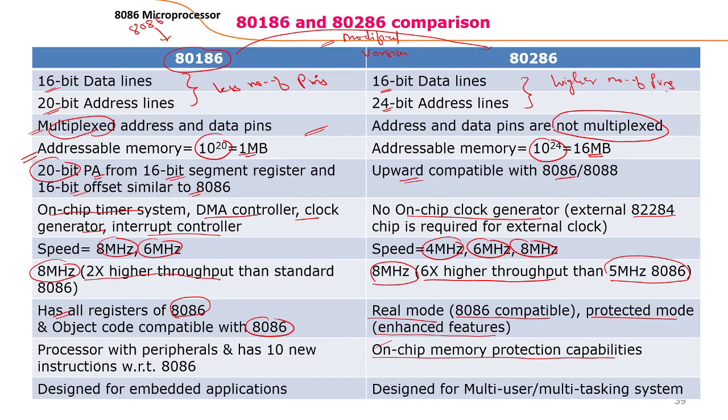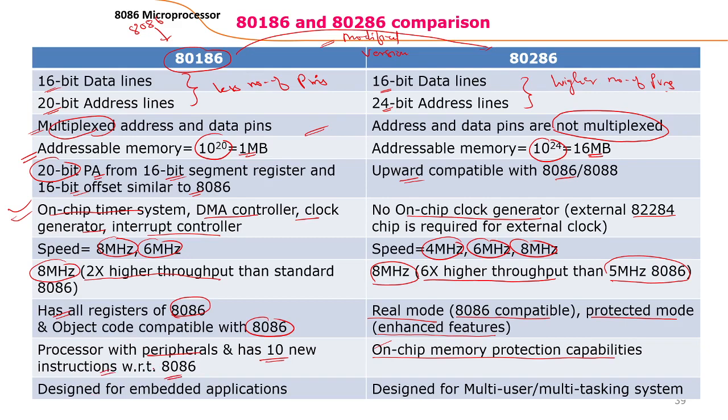Also, the 80186 is considered to be a processor that has peripherals. The peripherals available here are the timer controller, DMA controller, clock generator, and interrupt controller. They are available on the 80186 itself. It also has 10 new instructions with respect to 8086.